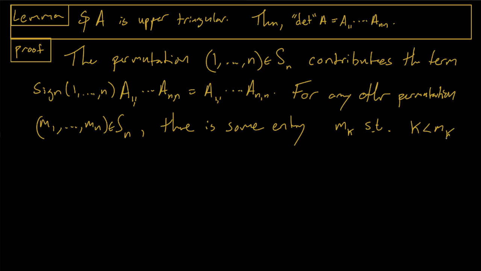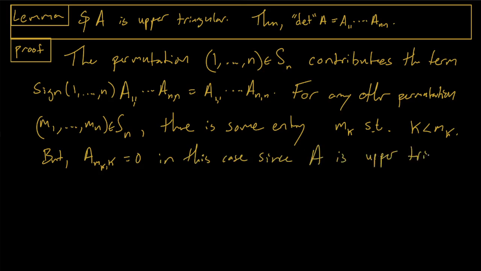That is, mk is too far ahead. Okay. But a_mk,k equals 0 in this case, since A is upper triangular.